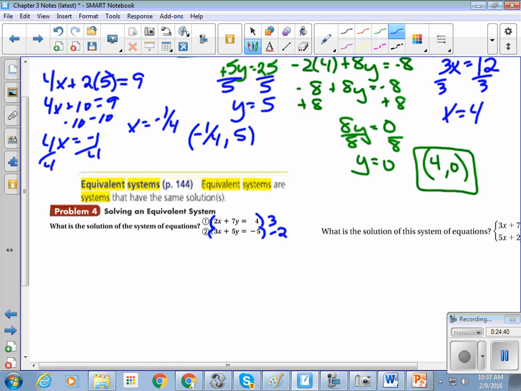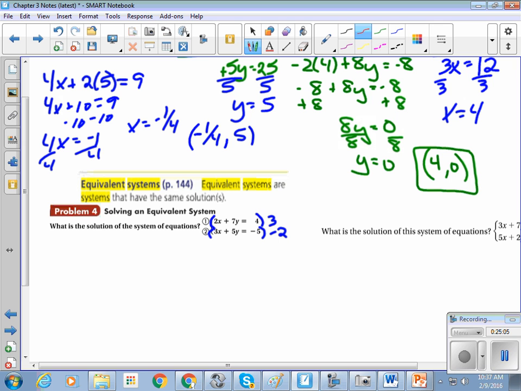It is like finding a common denominator. I need my x's to cancel, or my y's to cancel. In this case, I'm aiming for my x's because they have a smaller coefficient. I could do the same process for the y's, but those are bigger numbers, and I want to keep my life a little bit more simple.